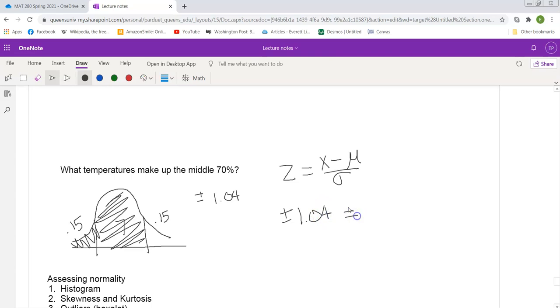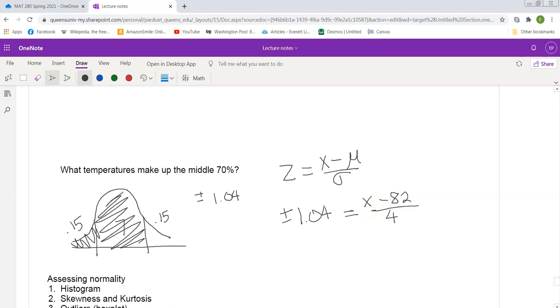And this time we don't have x, but we do have z. So we're plugging in for z. We've got mu and sigma, and we're going to solve for x. So x minus the mean we said was 82, and the standard deviation is 4. So I'm just going to solve that for x.